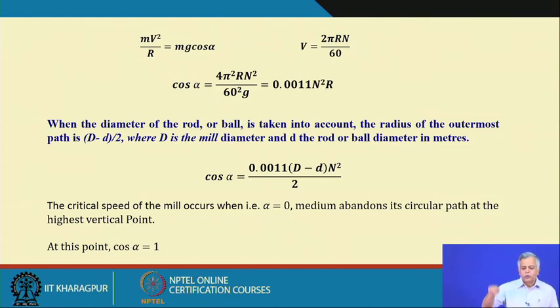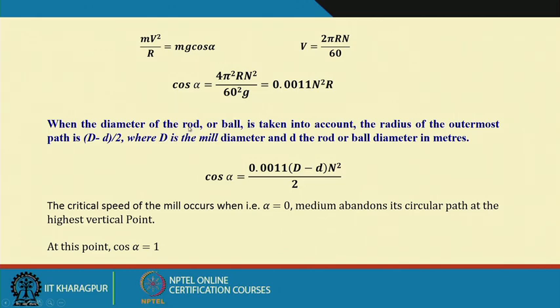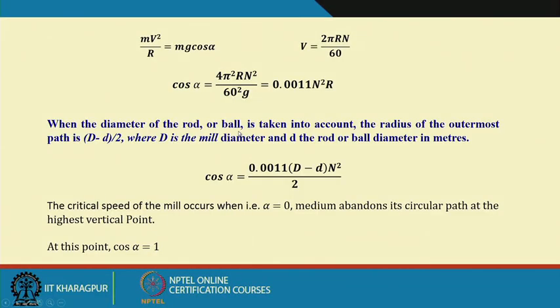The r could be the diameter of my mill, but effectively you also have the bigger balls. So, you have to subtract the diameter of the bigger balls from the diameter of the mill. In place of balls, we can use rods also, which we will discuss. Then we call it a rod mill, but for this case we are discussing the ball mill.